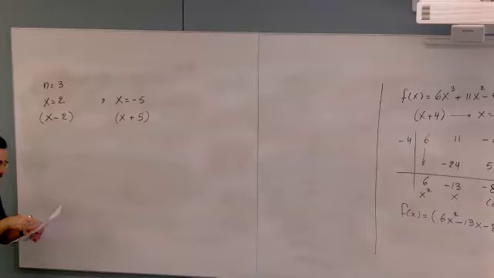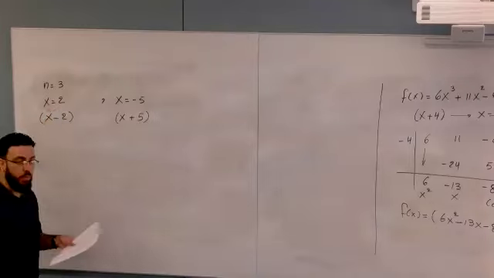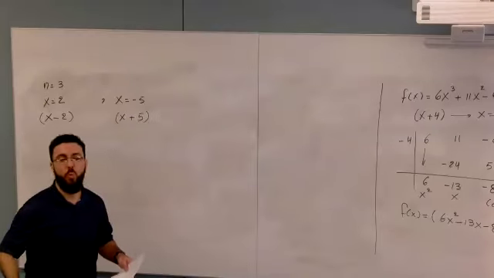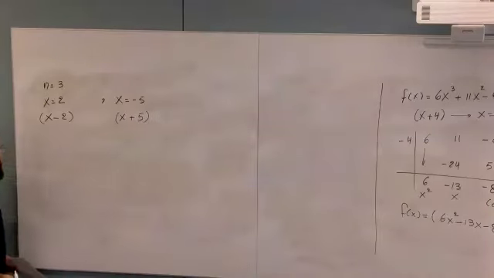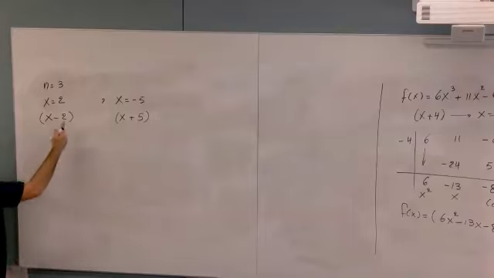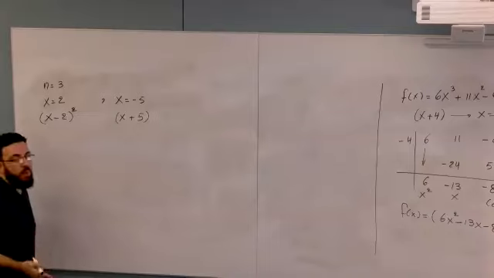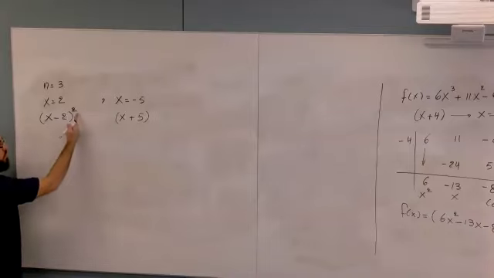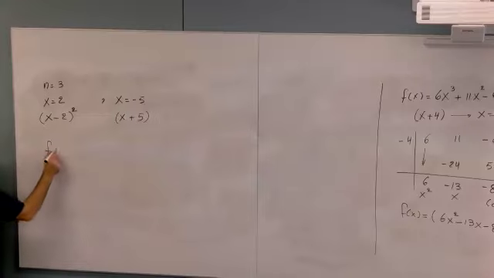With 2 parentheses, they're telling you x equals 2 with what? What's that mean? Don't tell me you forgot. What's the multiplicity? The multiplicity is the power of the factor. Multiplicity 2, so it's going to be 2 here. Now, can we write down the polynomial?